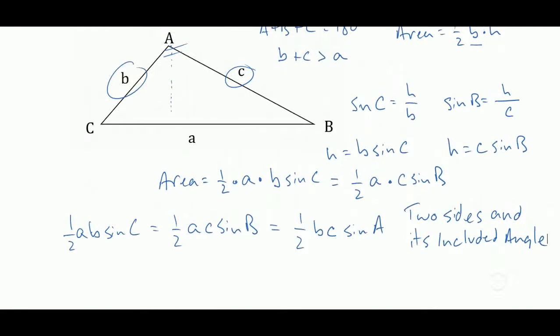That angle is in between those two sides. If we know the lengths of those two sides and the angle in between them, we can find the area of the triangle.